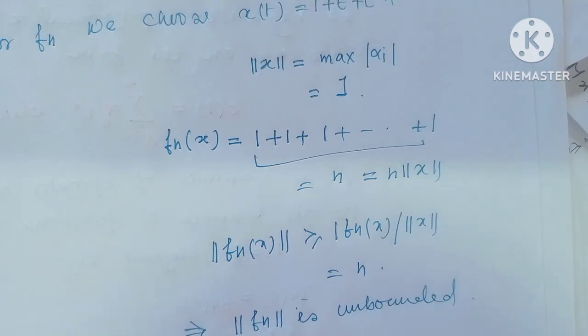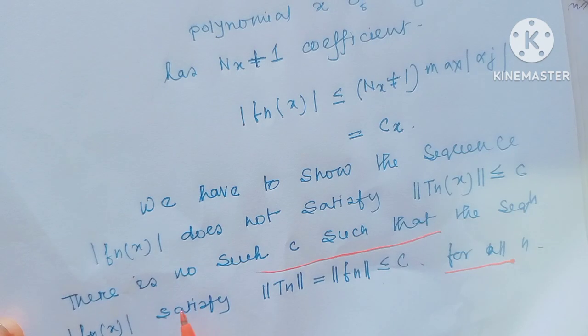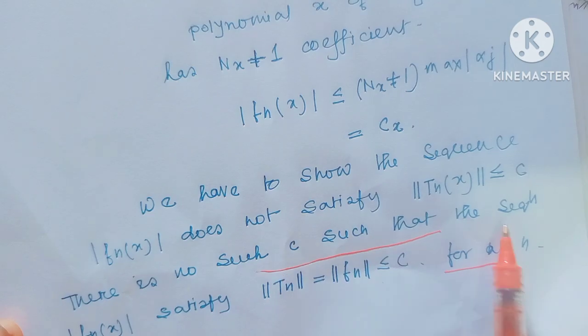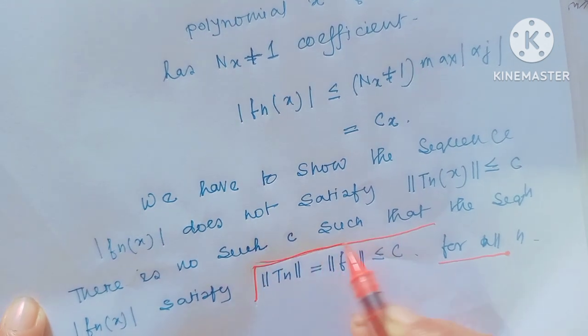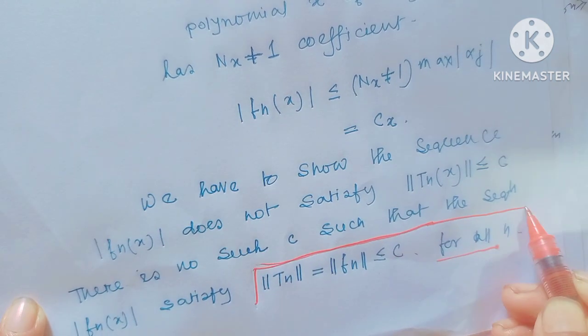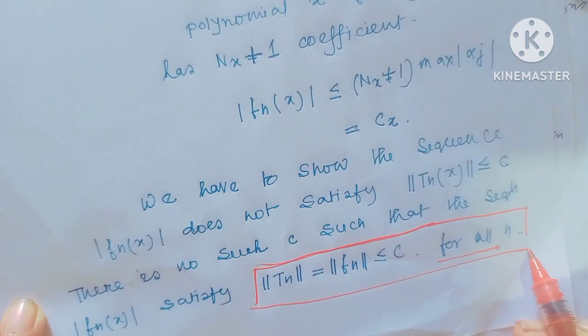I hope all my viewers have understood. Okay. But there is no such C such that the sequence Fn satisfies norm Tn equal to norm of Fn less than or equal to C. This is true for all n.